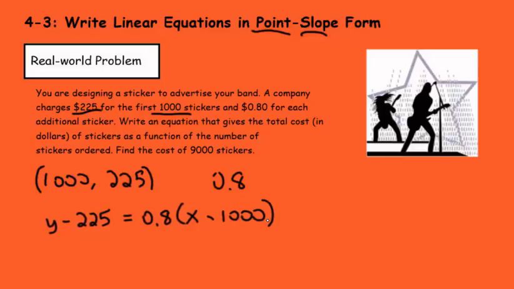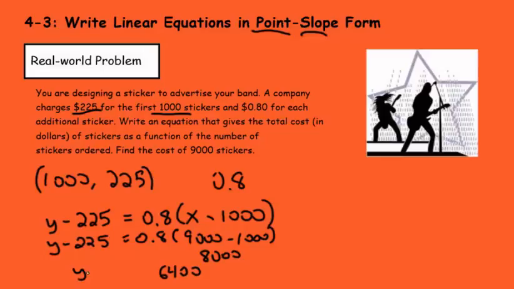So here's what's so great about point slope form. When you have to find another point, for example, we need to find the cost of 9,000 stickers. So when x equals 9,000, we can solve for the y by plugging in the 9,000 for x. So if we rewrite this equation, we have y minus 225 equals 0.8 times 9,000 minus 1,000. 9,000 minus 1,000 is 8,000. 8,000 times 0.8 is $6,400.